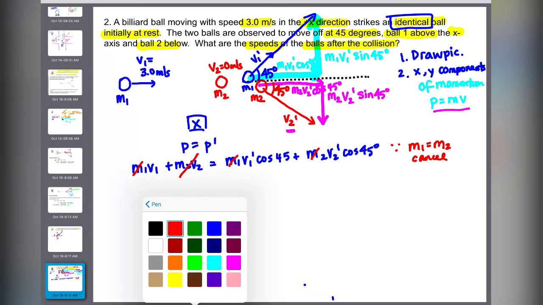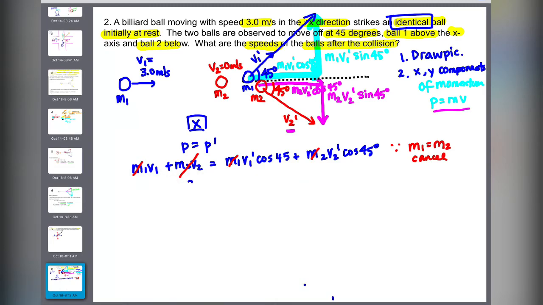Now let's see what we have. So v1 is 3 equals v1 prime cos of 45, adding v2 prime cos of 45. So that's what I have so far. I have two unknowns, v1 and v2, so I can't really do anything about it. So let's just leave that.